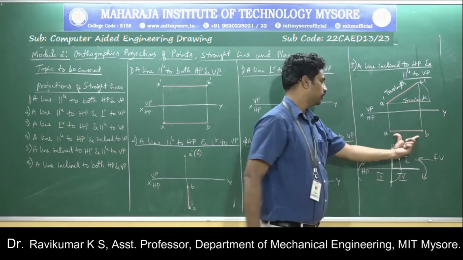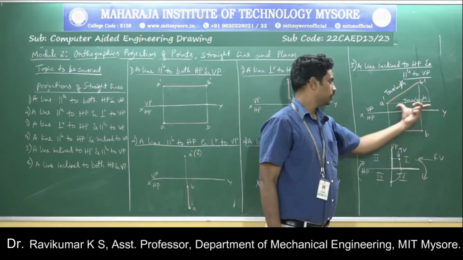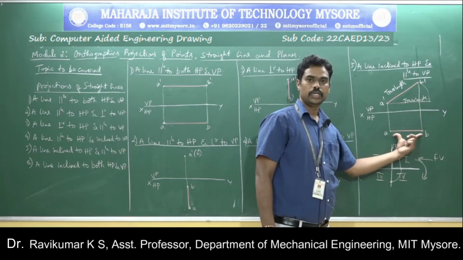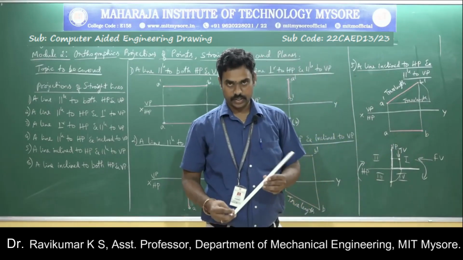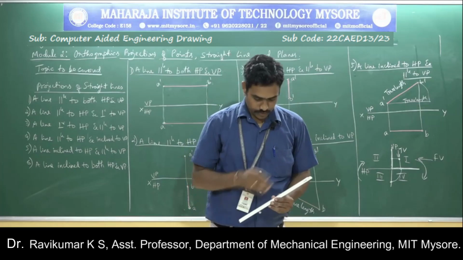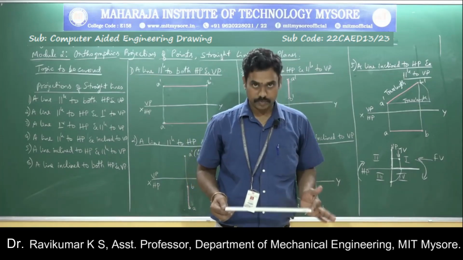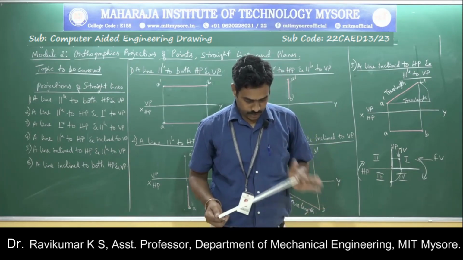But in the top view, the length is shortened. It should be something like this amount, but in the top view it will be shortened. Why is it shortened? Because of the inclination. Because of the inclination, you will not get the original length. In this position, it is parallel to HP, so you will get the original length. But in this position, look here.